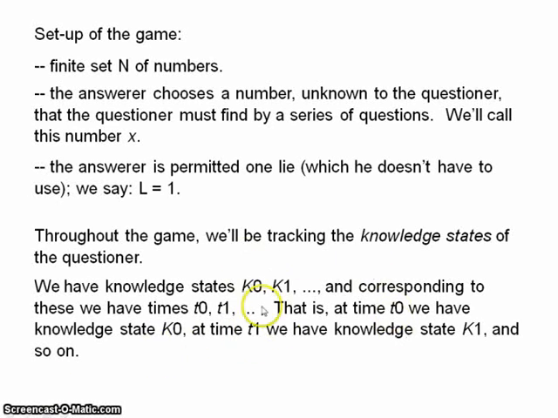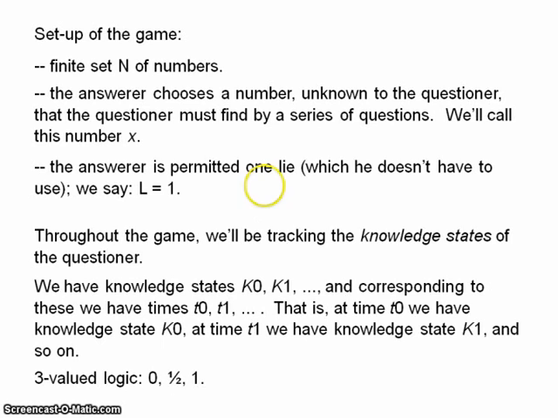And the knowledge states essentially represent what we know about our set of numbers. Now, since we have 1 lie, we need a 3 valued logic, and we can use the values 0, 1/2, and 1. In order to understand how all of this works, it's best to proceed by example.